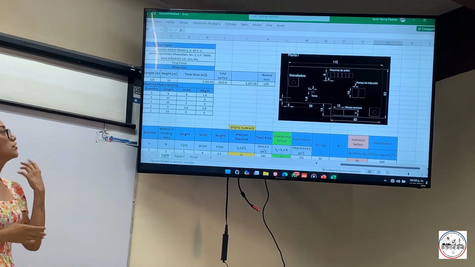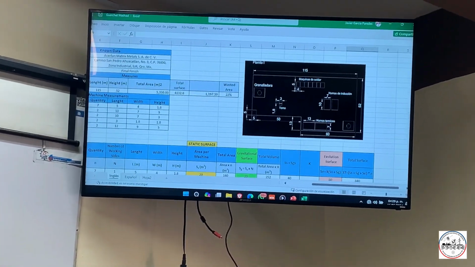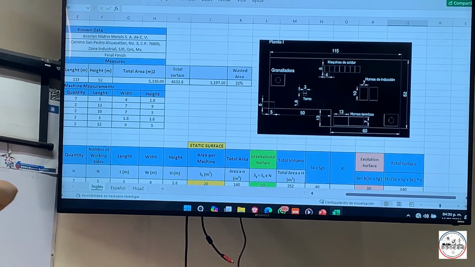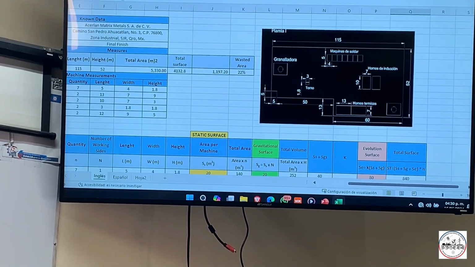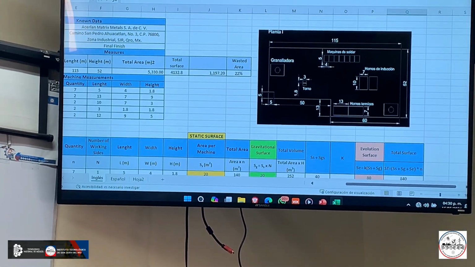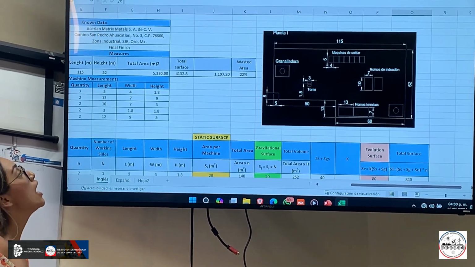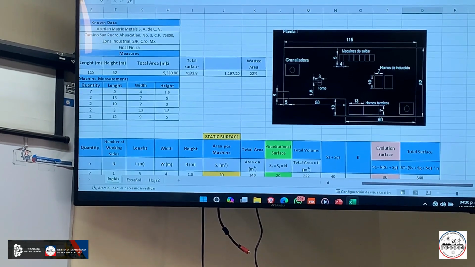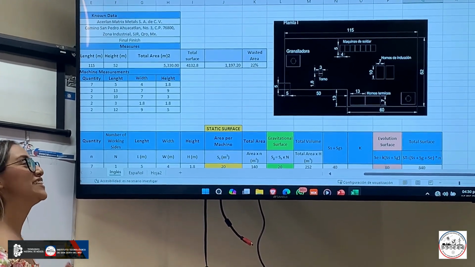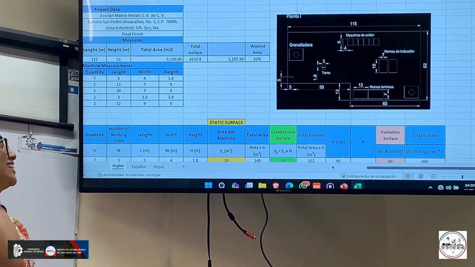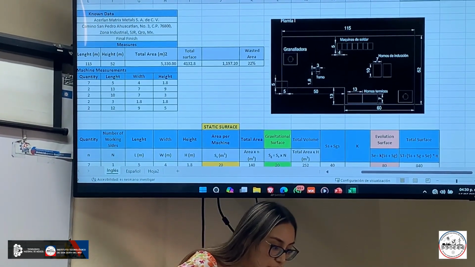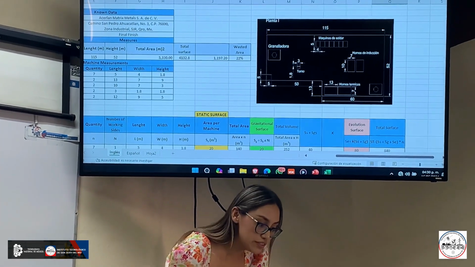The total area is 5,313 square meters, and the total surface is 4,132.8 square meters.